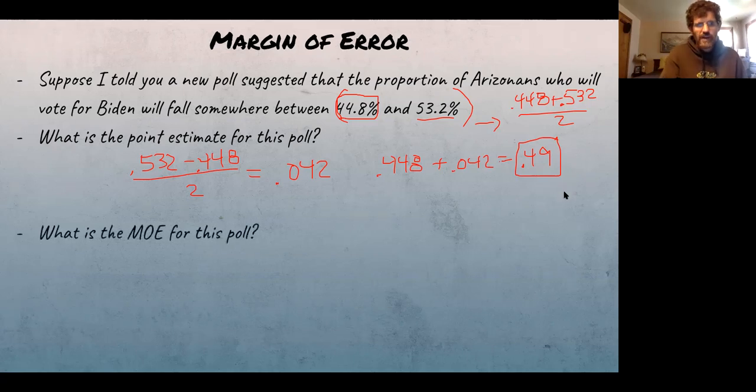Now, the margin of error for the poll, it looks like we actually already calculated that, because with this calculation right here, and I'm just going to throw this in, I'm sure you could explain it, Andrew, but this margin of error, we basically took the margin of error, which is that value right there, and added it to the lower end of our confidence interval, and that gave us our point estimate.